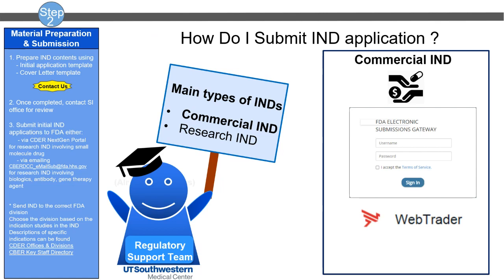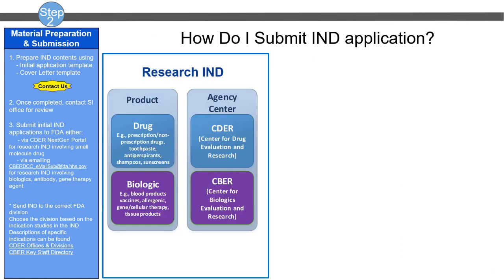In the interest of time, I will not go into detail on commercial IND submission pathway, but just briefly would like to mention that sponsors of commercial INDs and all subsequent amendments are required to submit information electronically in the Electronic Common Technical Document or eCTD format, as seen on the right-hand side of the screen here. I want to focus on research IND submission process today.